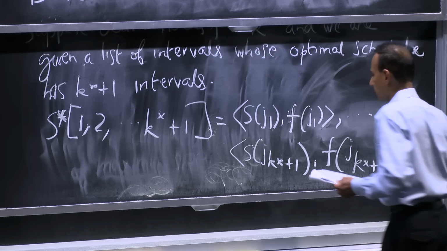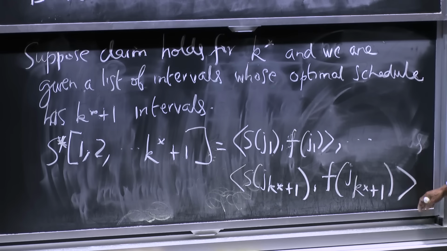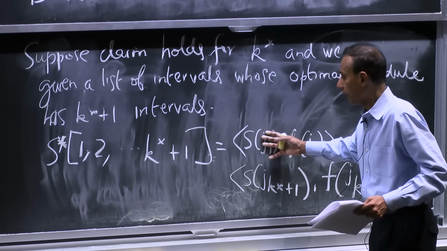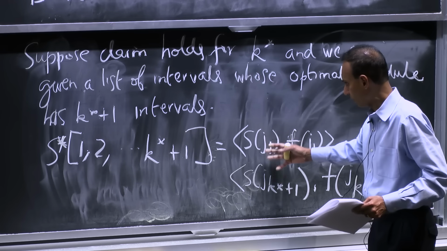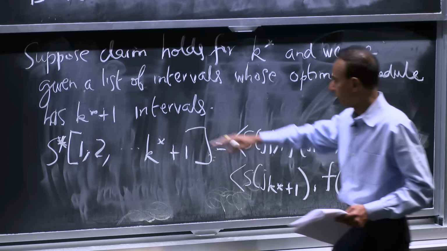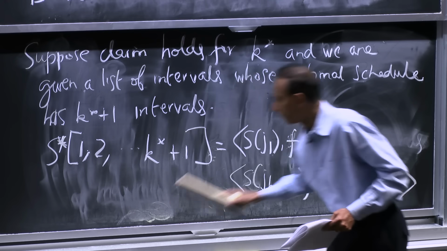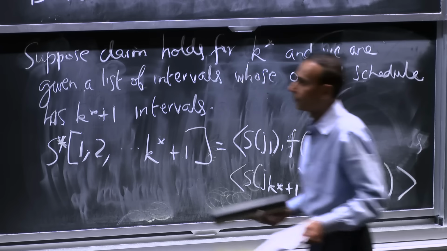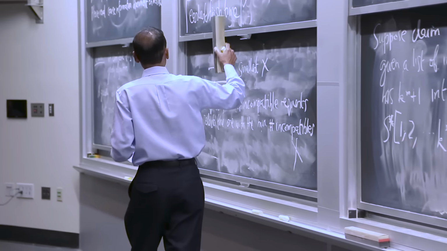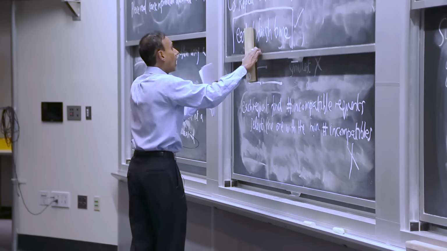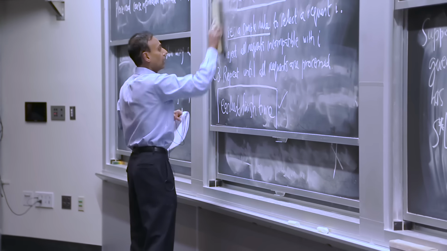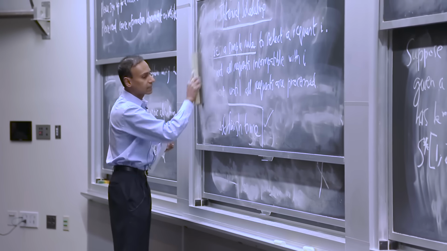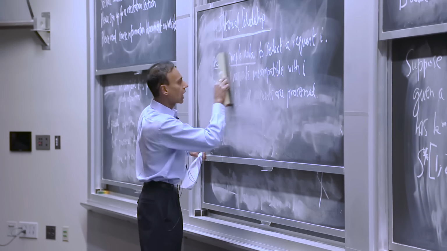Right? So no getting away from subscripts here in 046. So that's what we have in terms of what the optimal schedule is. It's got size k star. Of course, what we have to show is that the greedy algorithm with the earliest finish time is going to produce something that is k star plus 1 in size.